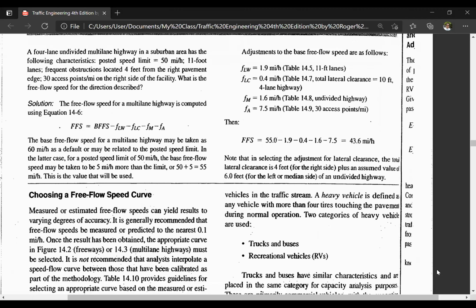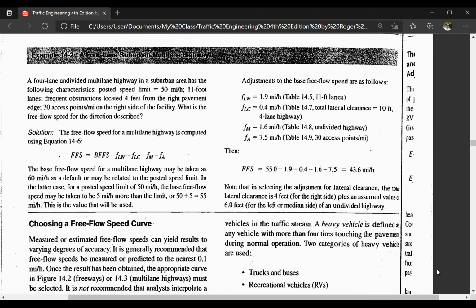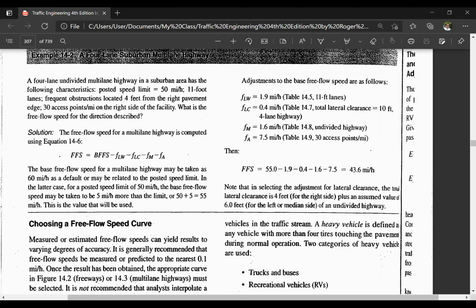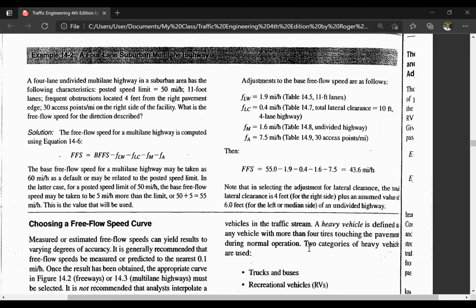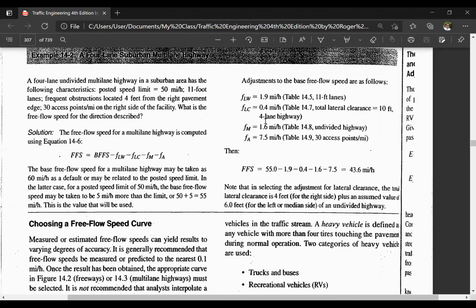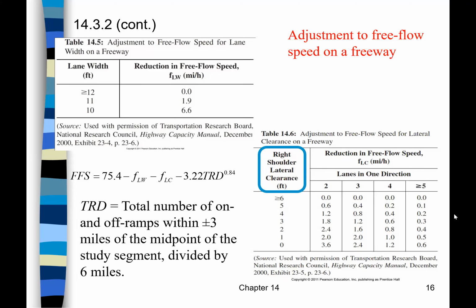I want to save your time, so I'm going to leave you to read those example problems. I'm going to focus on the core of the methodology. Okay, go back to this slide.